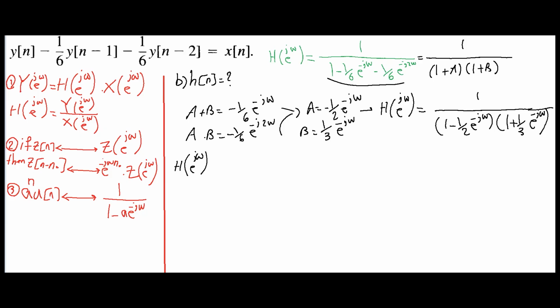Using partial fraction decomposition, we rewrite H(e^{jω}) as the sum of two simpler fractions.